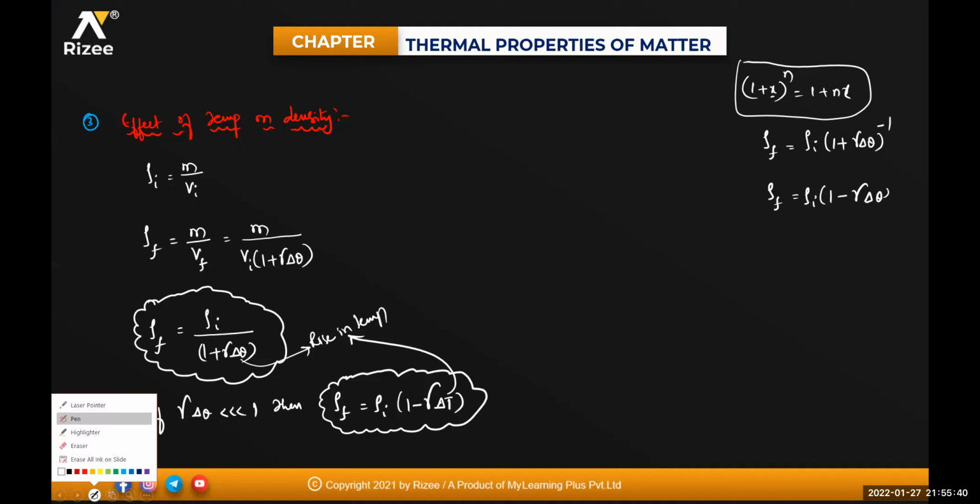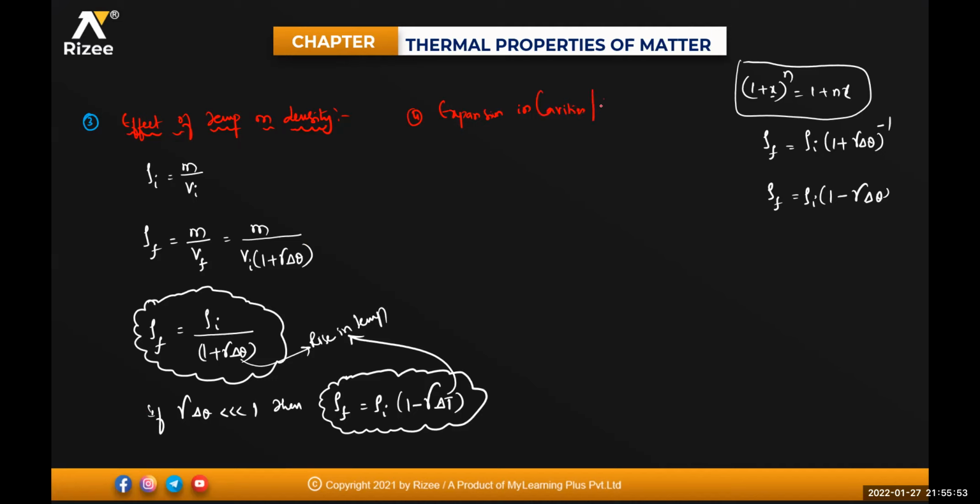The next one, fourth point: expansion in cavities, or I can say gaps. Like a railway track, there is a gap between the two rails, isn't it?